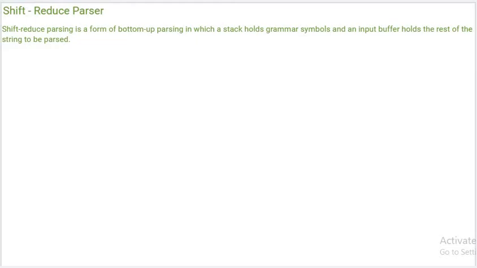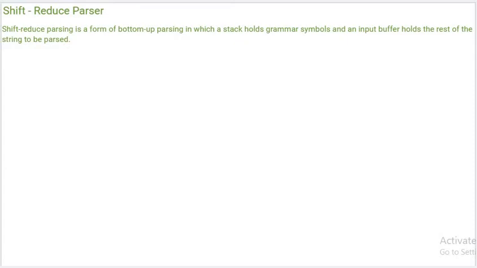And the second operation, reduce, means we are replacing a handle in the stack with a corresponding non-terminal. I'll repeat. Reduce means in the stack we will be trying to form a handle. You can relate it with the handle we discussed in bottom-up parsing.